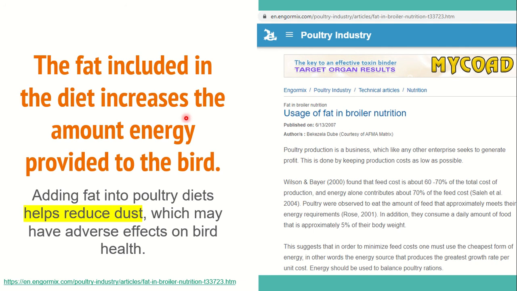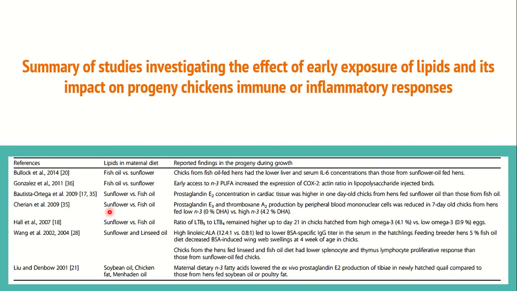And aside from that, additional na benefit na derive ay it helps reduce dust which may have adverse effects on bird health. So yan, sinasabi natin kanina. Lalong-lalo na kung ang form ng feed na binibigay natin is in mash form, not in pellet form.